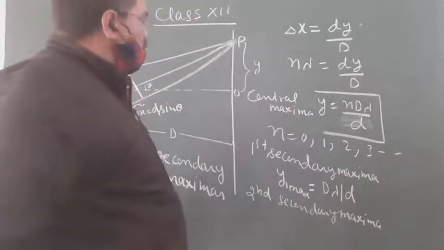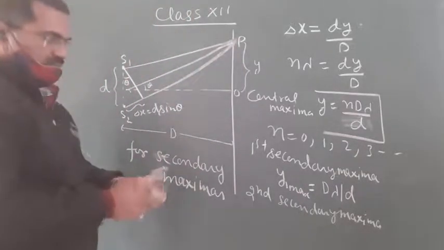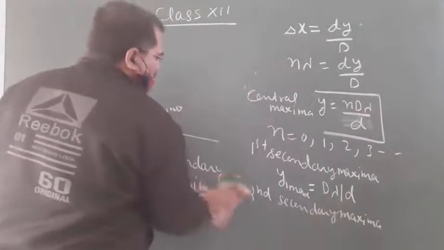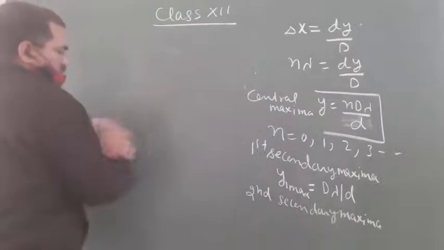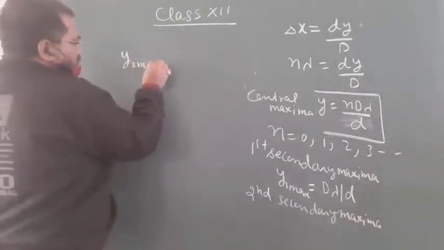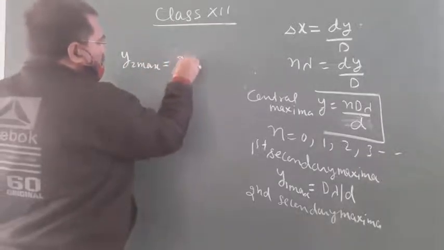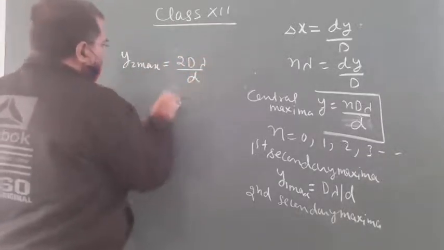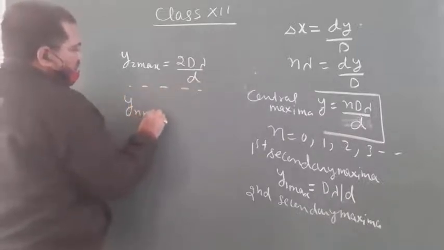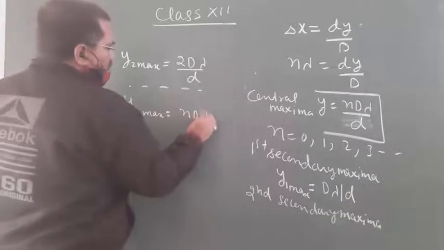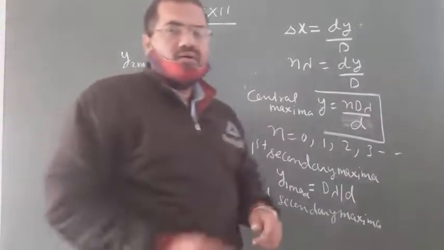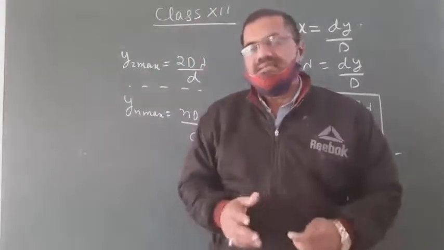Second secondary maximum: y2 is 2 D lambda by d, and so on, nth secondary maximum: n D lambda by d.